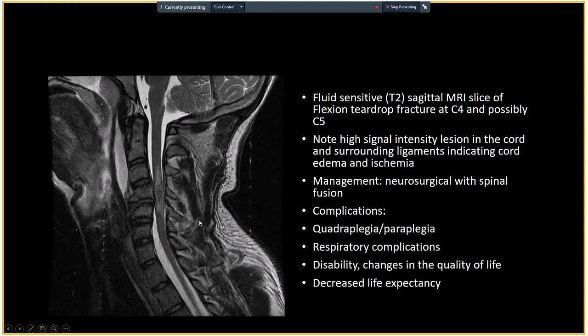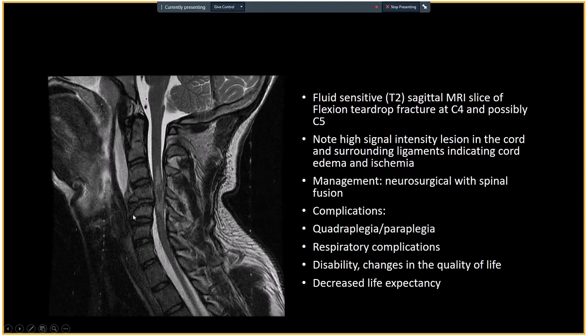MR imaging. In this case, you can see sagittally reconstructed T2 weighted imaging. You can see the flexion teardrop fracture with the teardrop fragment indicating the fracture itself, but also posterior displacement. There's a sudden kyphotic deformity that we usually see.